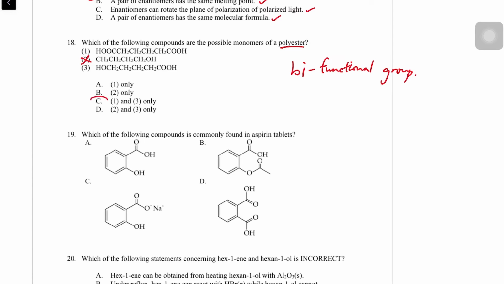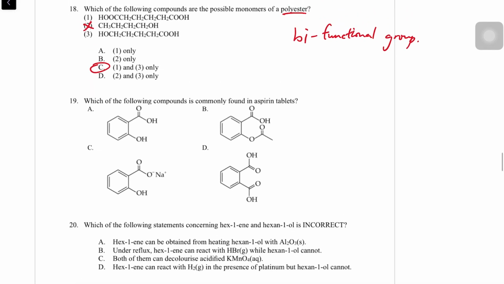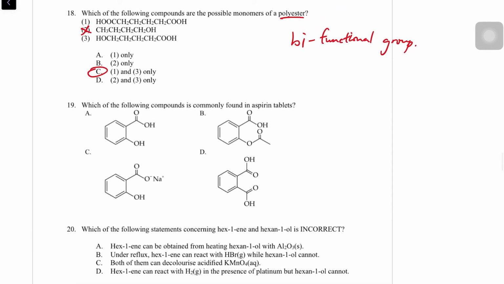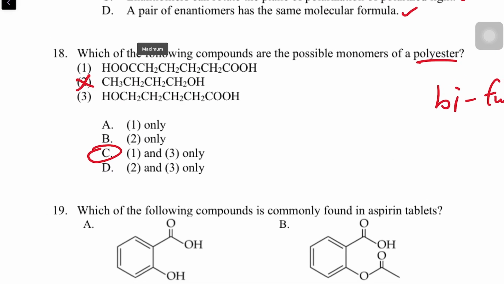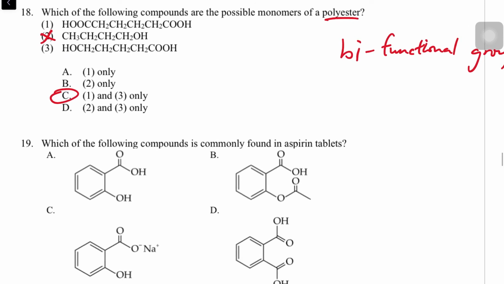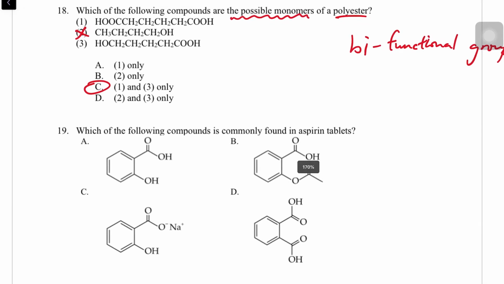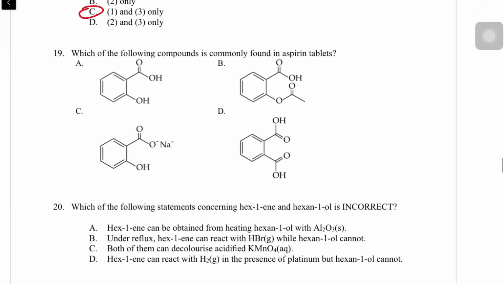So 1 and 3 are correct. Some of you may wonder why for choice 1, both ends are COOH. How can it be a polyester? Well, it depends on the question, because this is a possible monomer. We haven't mentioned where the other monomer is, so it can still be a candidate.